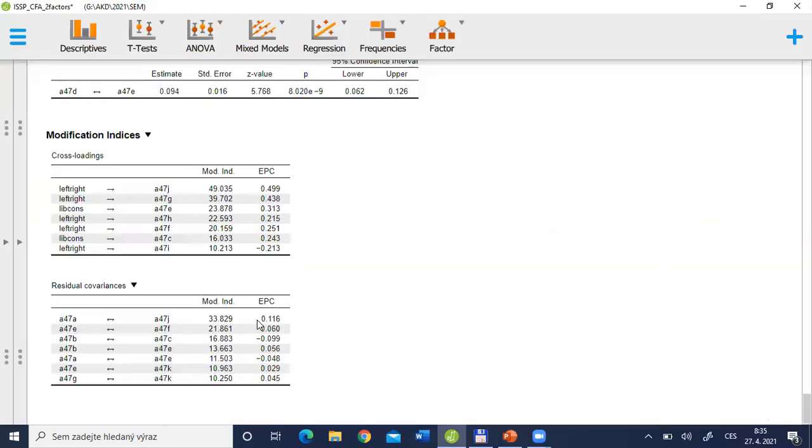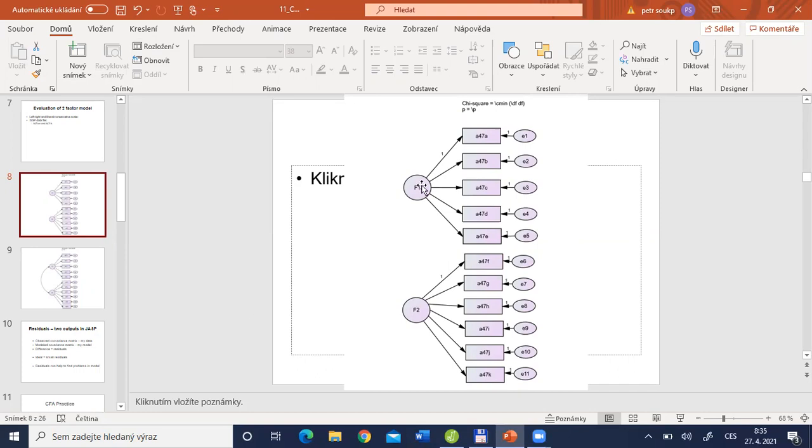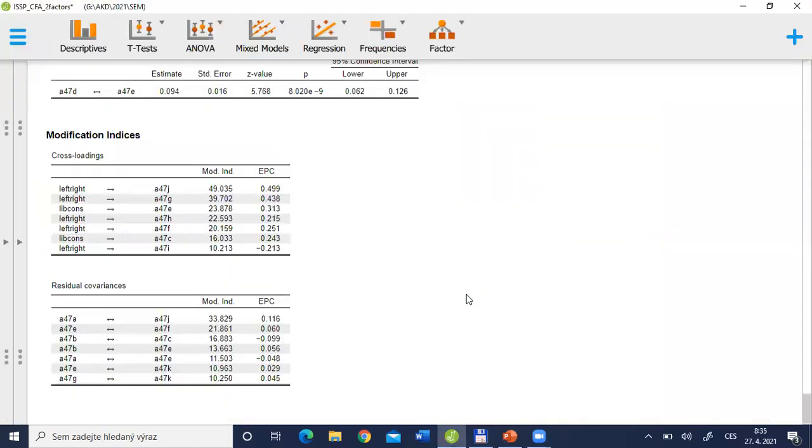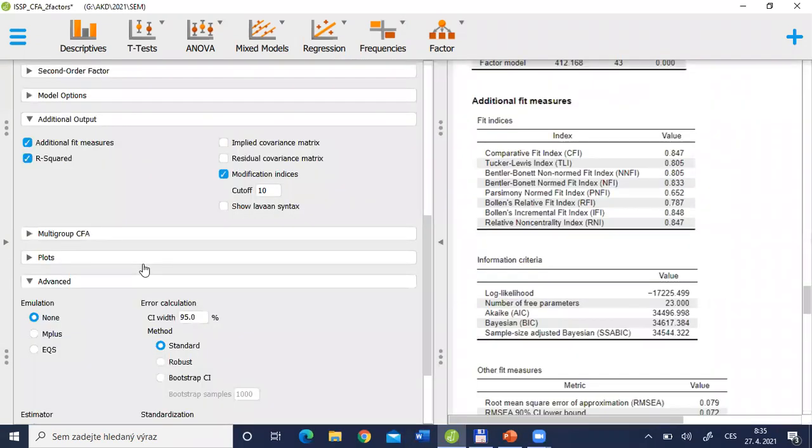But once again, as we are discussing two competing models, unrelated versus related factors, our next step would be to compute this model and compare these models not automatically by these modification indices, but we would compare these two models visually in our outputs.